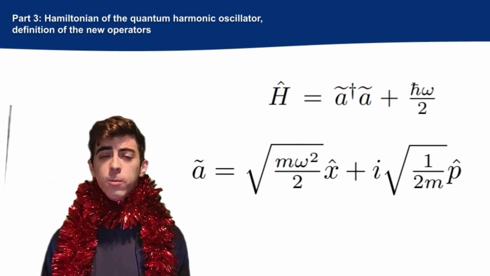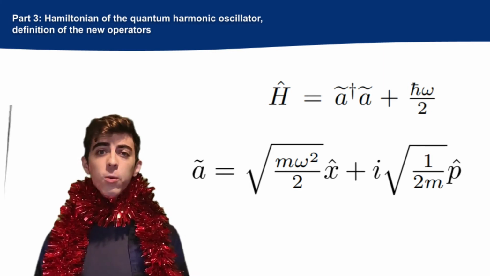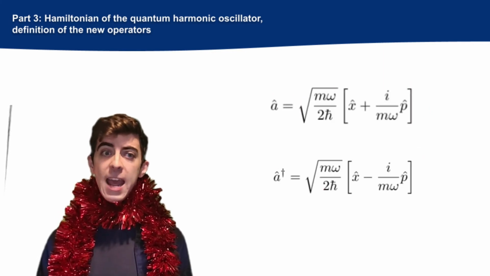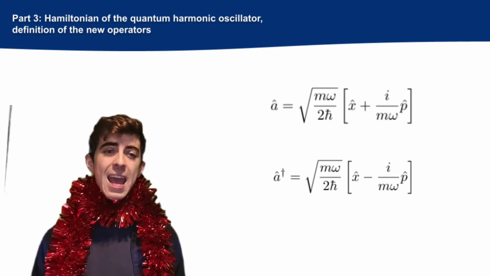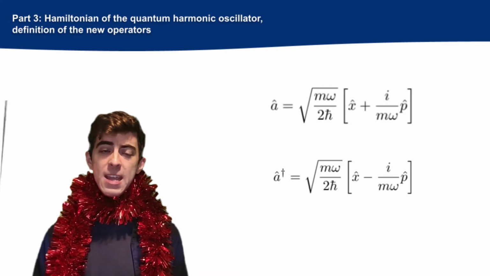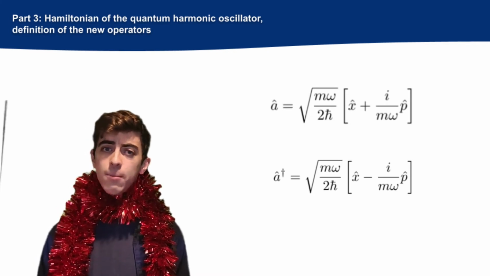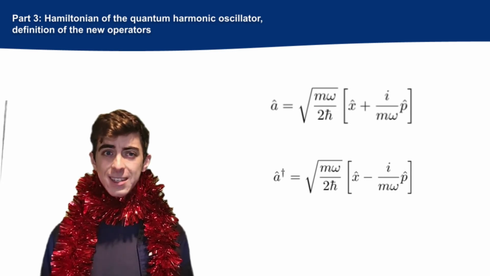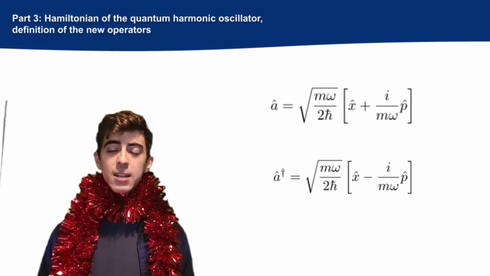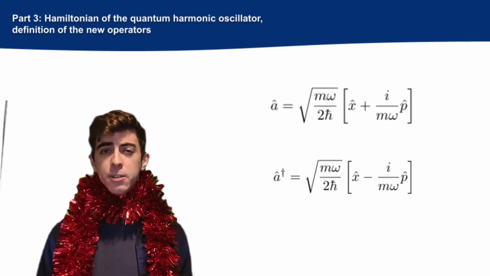Consequently, if we solve for the new a that we have defined, we obtain the following expressions for a and a dagger. And so we have that a equals the square root of m times omega over 2 h bar, and everything multiplied by (x plus i over m omega times p).